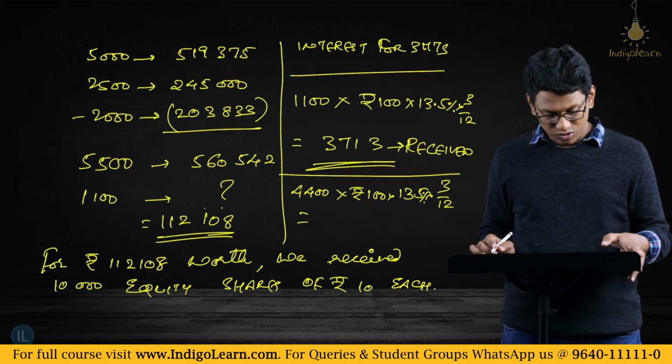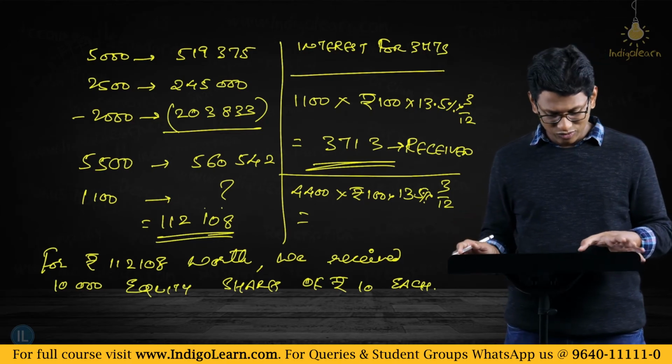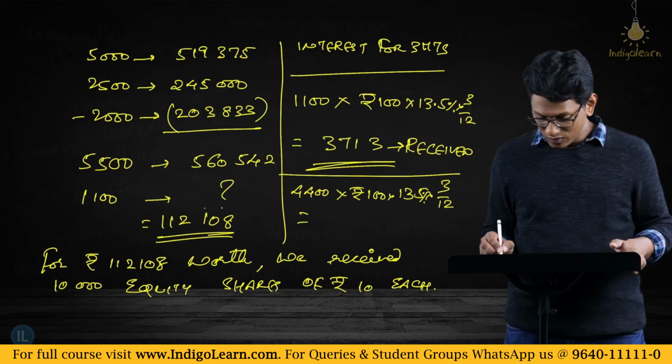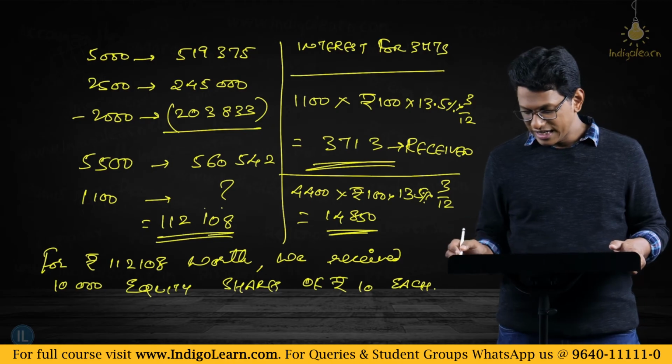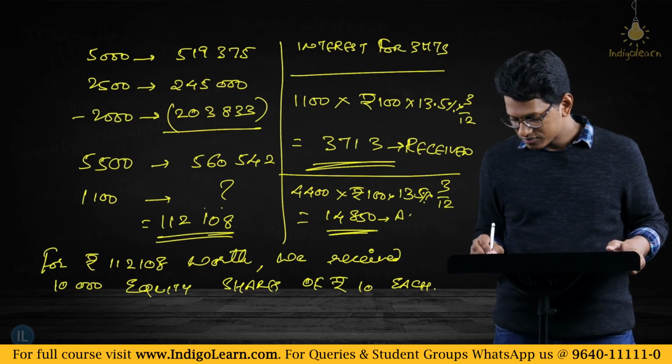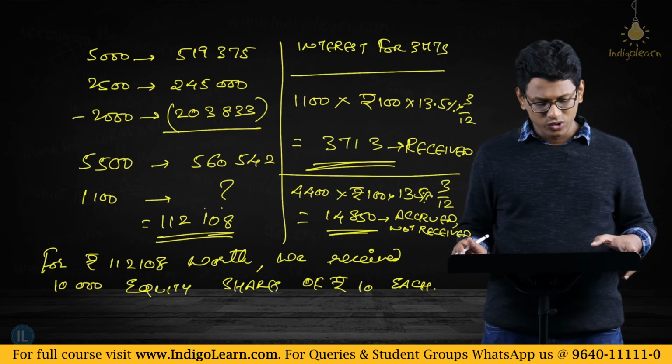So how much will that come to? Maybe 3,712.5 into 4, that's what it is going to be. It will be 14,850. That is going to be the interest accrued. Wonderful. So these are the workings what we need to do.